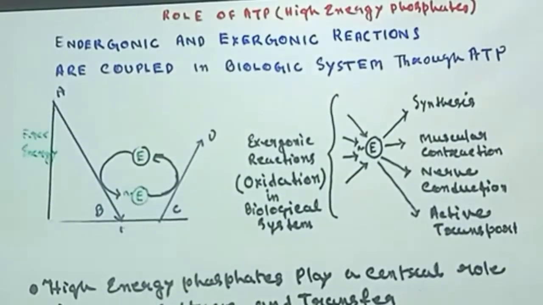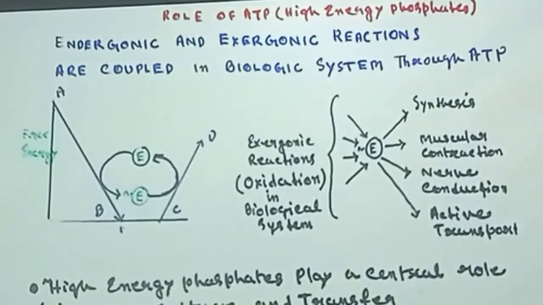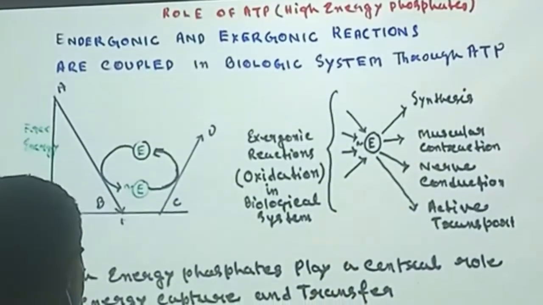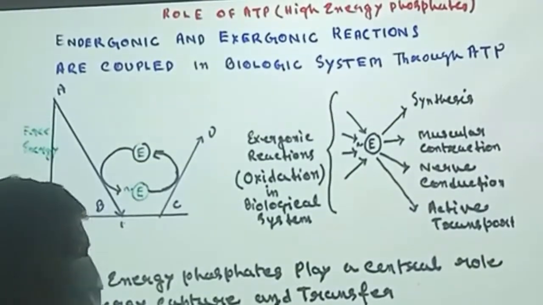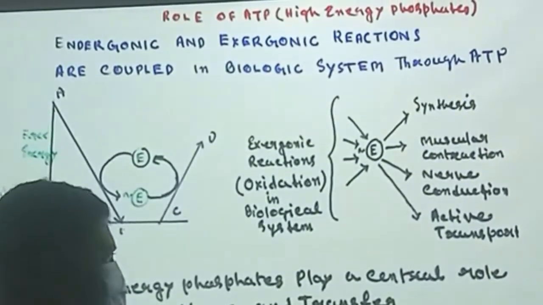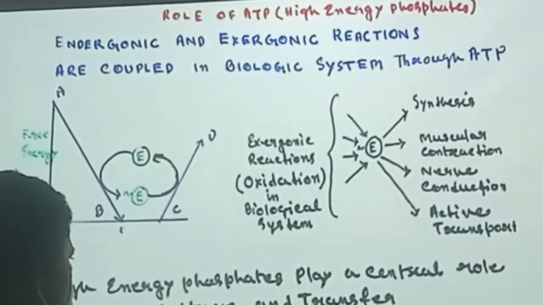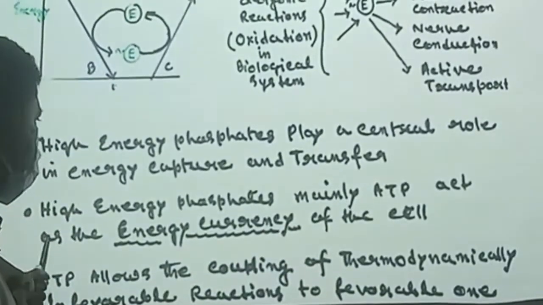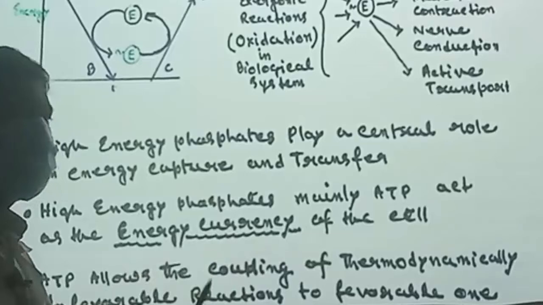So to make it further clear, you have to know high energy phosphates play a central role in energy capture and transfer. High energy phosphates, mainly ATP, act as the energy currency of the cells.